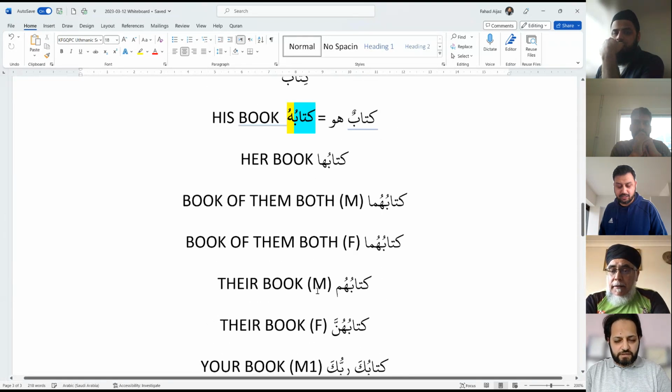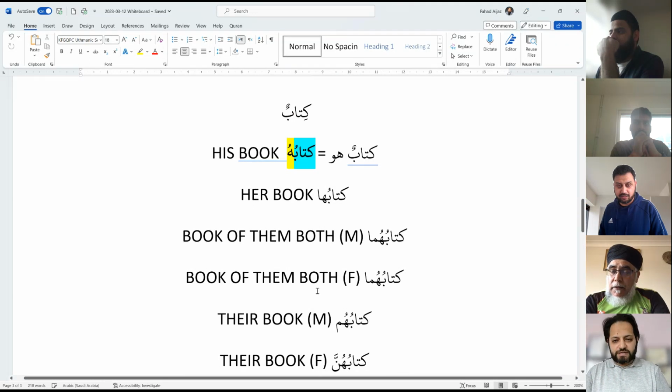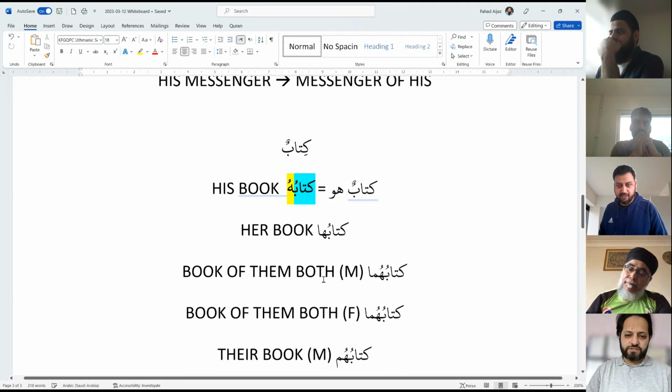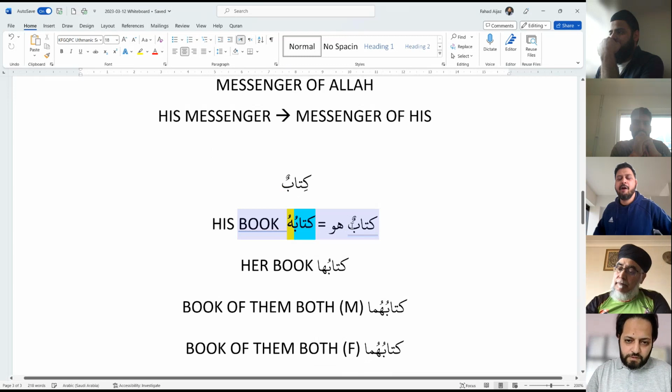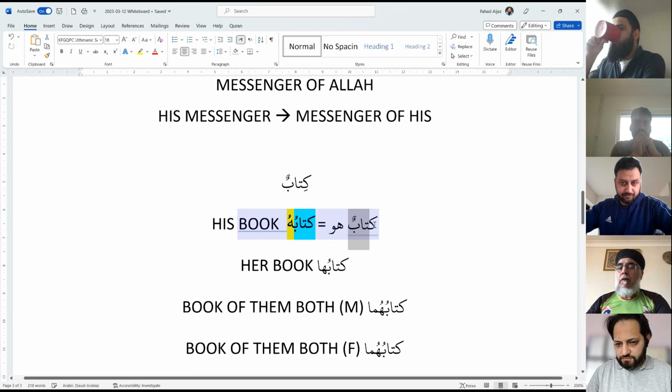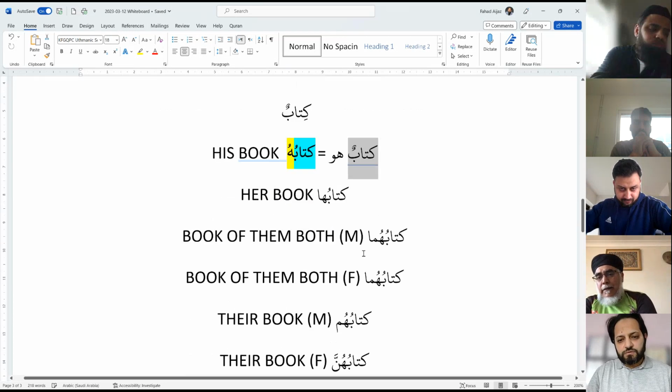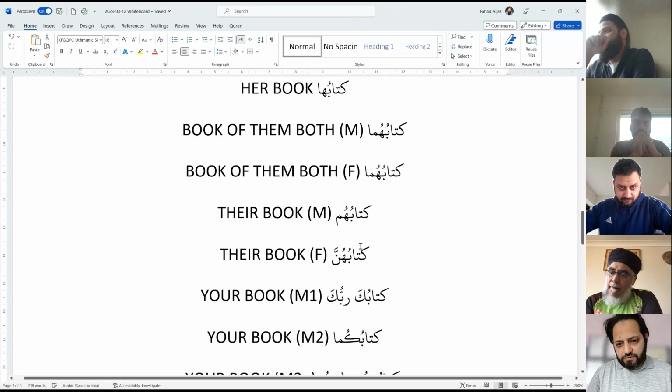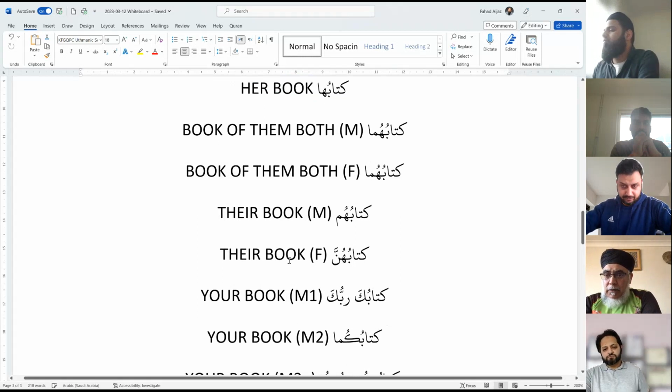So that's effectively what you do with attached pronouns. One thing you should notice here: the ism that we used was kitab, kitabun, every time. And every time the pronoun was in which status, rafa, nasab, or jar?